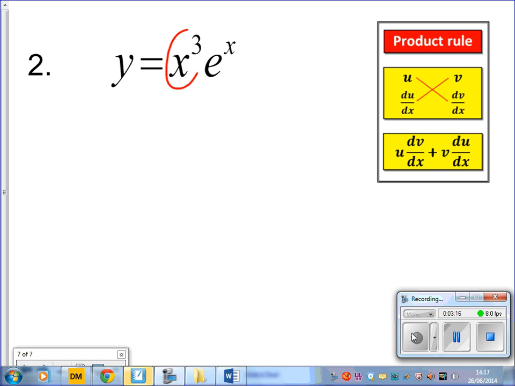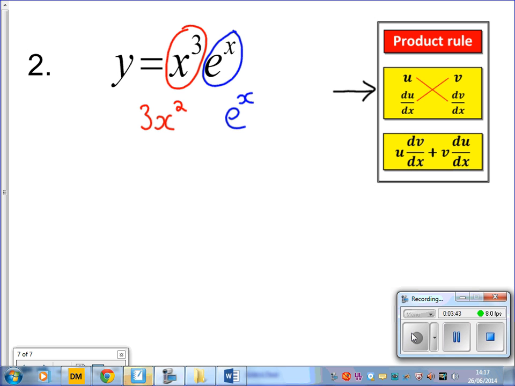Question 2. Have this part to be my u and this part to be my v. So differentiating x to the power of 3 gives me 3x squared. Differentiating e to the x gives me e to the x.